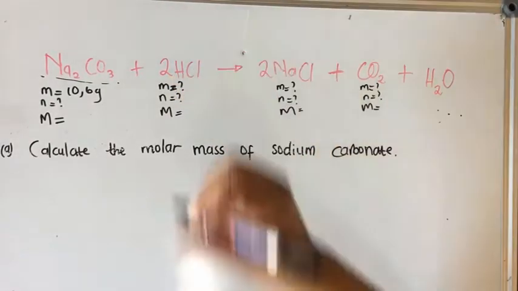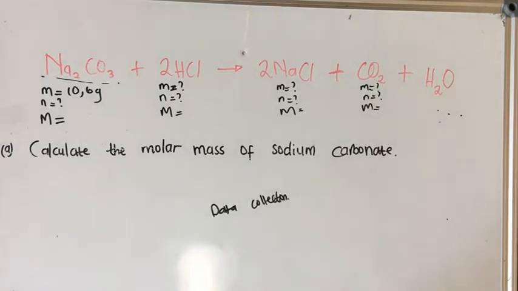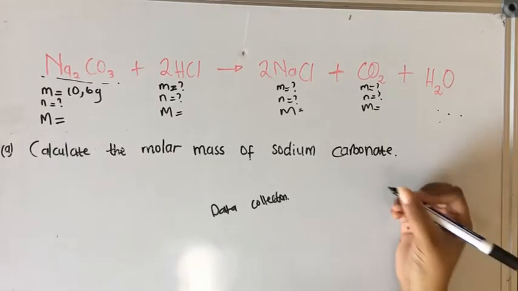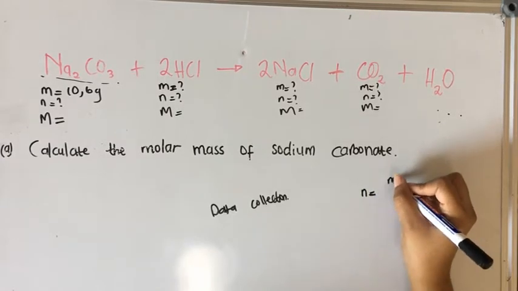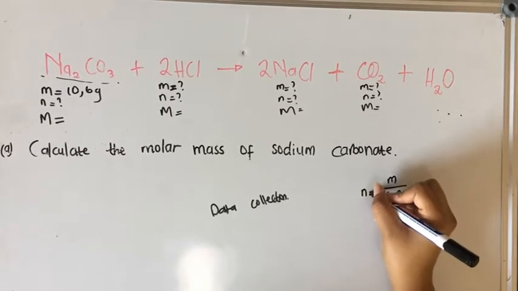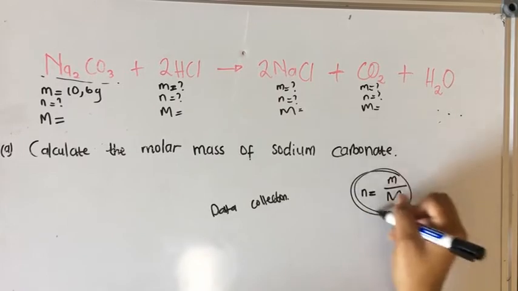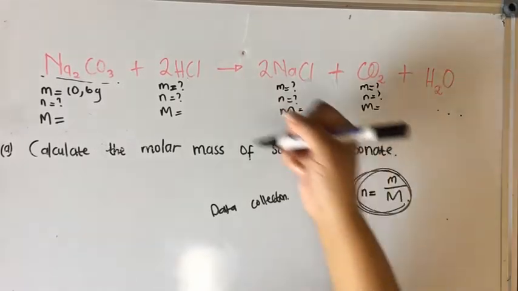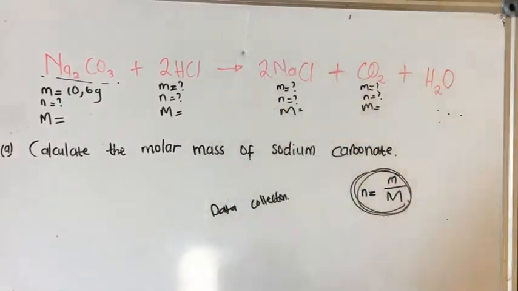Isizathu sokuthi senze kanjena ukuthi uzokwazi ukusebenzisa iformula yakho kahle. Already siyazi ukuthi kunobudlelwano phakathi kwe-mass, kwe-molar mass nama number of moles. Ubudlelwano bakhona sibuthola kule formula lethi number of moles is equal to mass over molar mass. So that is why si-collecta i-data kuqala.